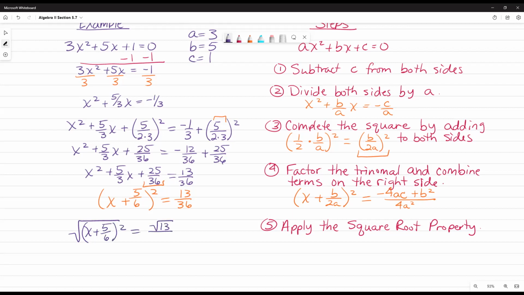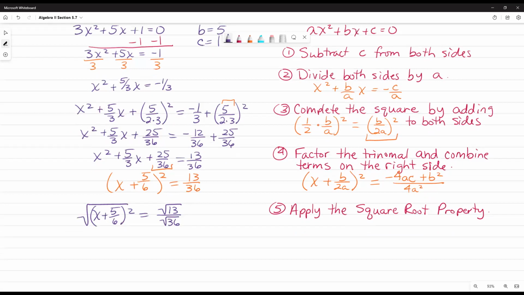I'm going to go ahead and separate it into my numerator and my denominator, and then these cancel out.